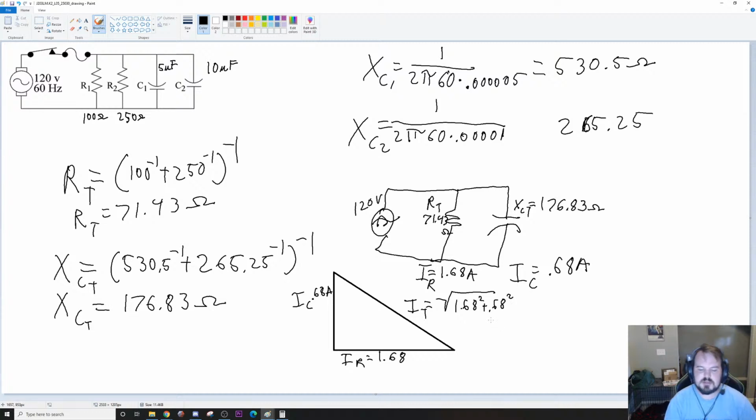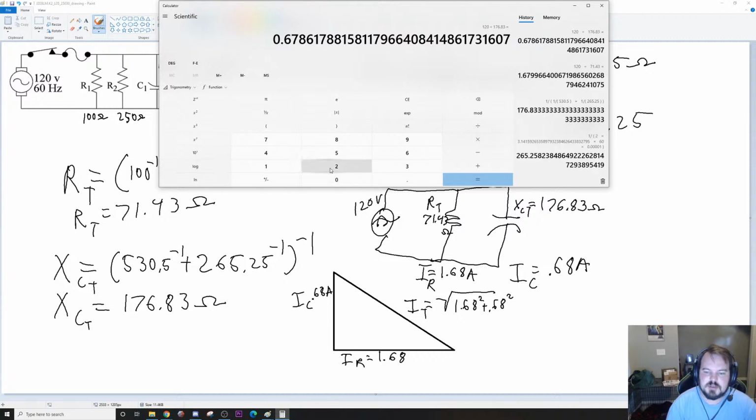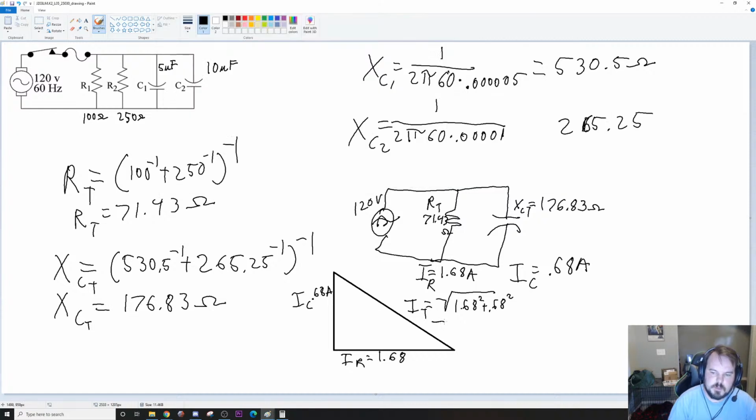Oh, I didn't notice those numbers were very similar. All right, open parenthesis, 1.68 squared plus 0.68 squared, close my parentheses, take the square root of that, 1.81 amps. I total is going to be 1.81 amps.